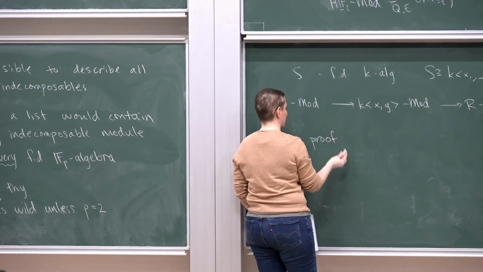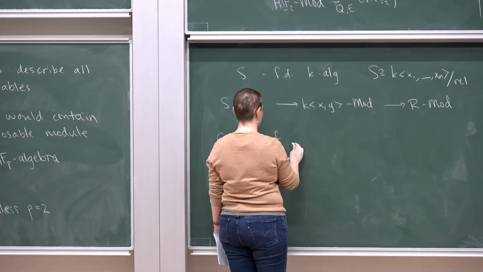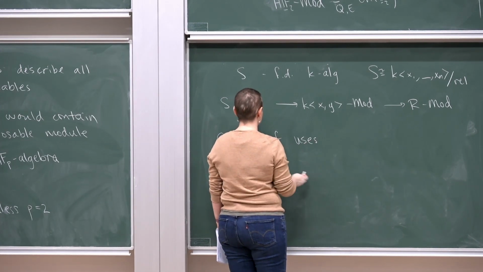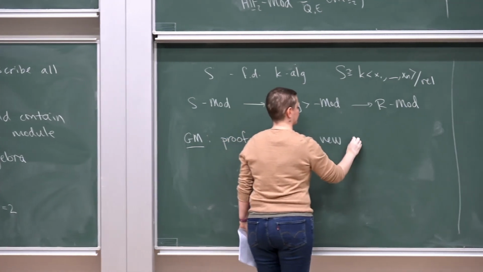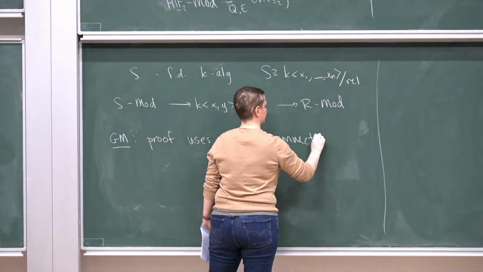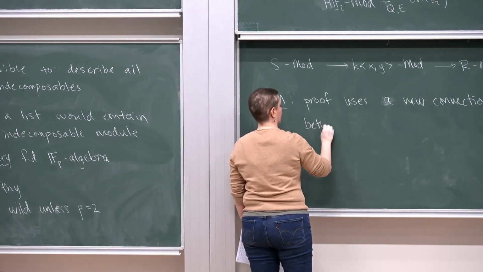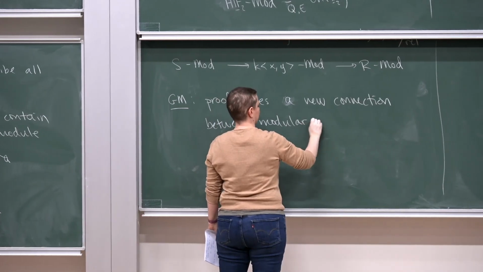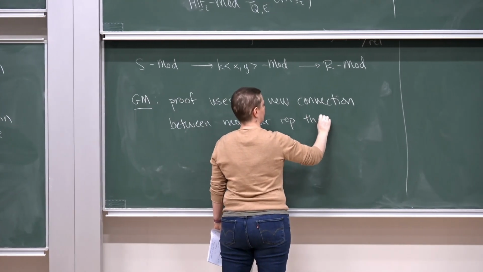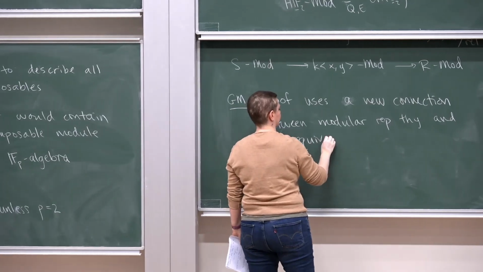So with Jakob Grestad, we proved that there's this new connection between modular representation theory and equivariant homotopy theory.